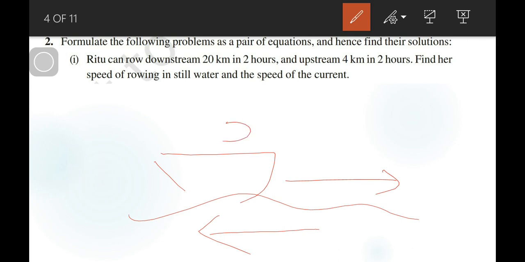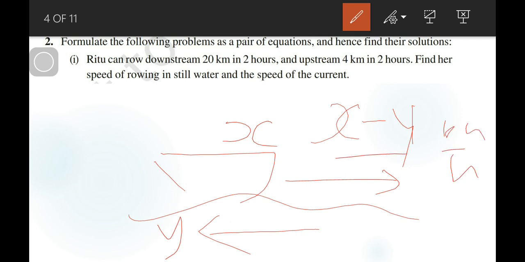Then if x is the speed of the boat and y is the speed of the stream, the speed of the boat is reduced by x minus y kilometer per hour. So it is the speed of the boat in upstream.